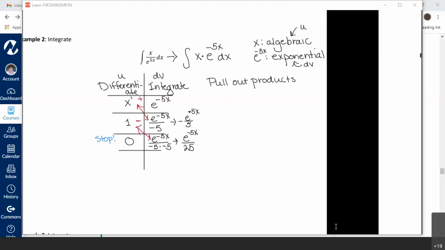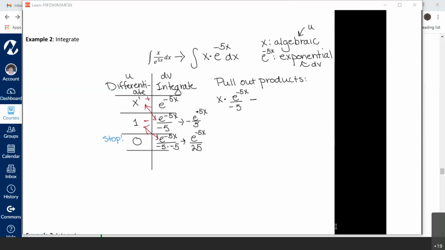So that's going to be x times e to the minus 5x over minus 5. The second one has a minus sign in front of it, and that's 1 times e to the 5x over 25.